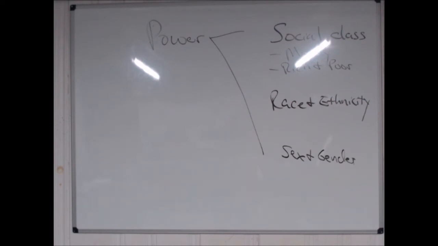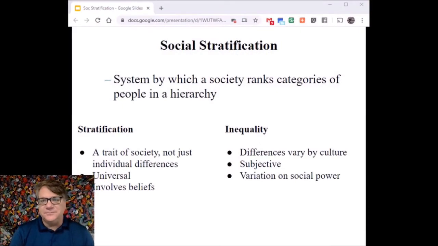But in every society in the 21st century, we generally have differences based upon social class, race, ethnicity, sex, and gender. Now, it's not perfectly descriptive according to social class, race, ethnicity, sex, and gender. It varies by culture.